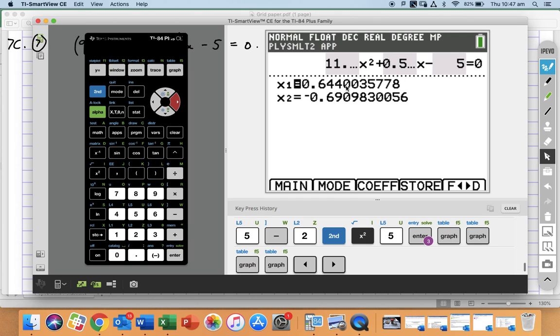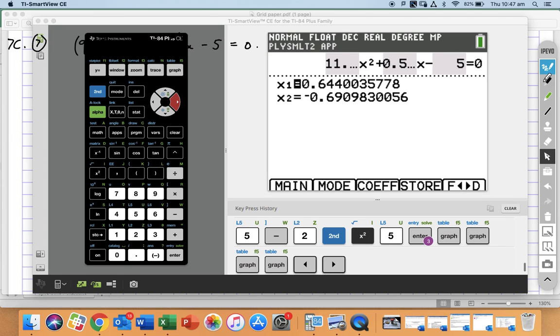But I might actually write that number down somewhere. Let's hide it away somewhere, maybe down the bottom. So the positive solution is the one we're looking for. It's 0.644. Pretty close to. There's 3 sig figs.